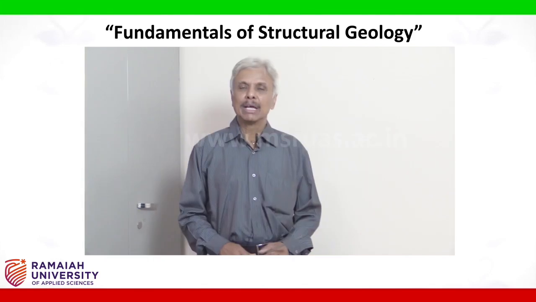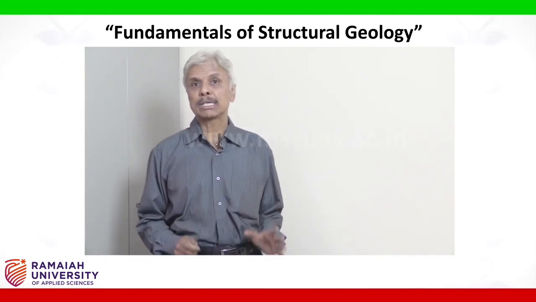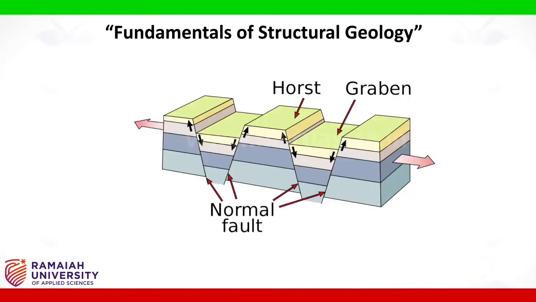Associated with normal faults are another unique type of faults. They are called the horst and graben. Horsts are the faulted blocks that have been moved up with reference to the normal fault on either side.